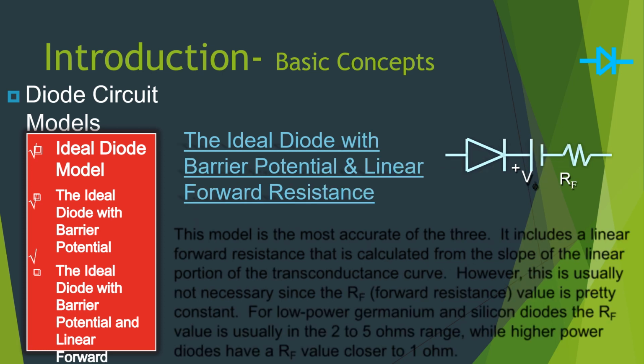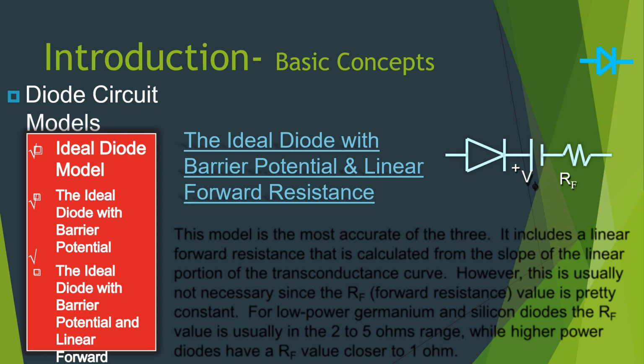In this, we will be discussing the ideal diode with barrier potential and linear forward resistance. This type of model is the most accurate of the three. It includes a linear forward resistance that is calculated from the slope of the linear portion of the transconductance curve.